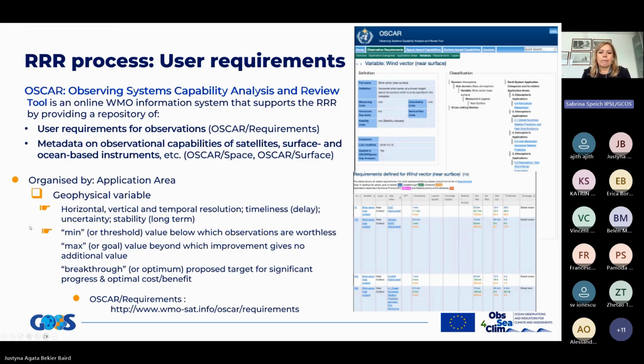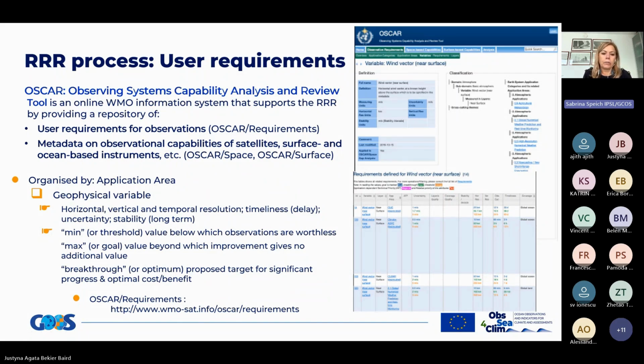So how do we set the user requirements? Users for us, for example, can be ocean operational services or climate services, and all are listed in OSCAR, which is called the Observing System Capability Analysis and Review Tool. OSCAR is an online WMO information system that supports the rolling review of requirements by providing a repository of user requirements. So all the user requirements for the ocean application areas will be posted there. In OSCAR you need to look for requirements.